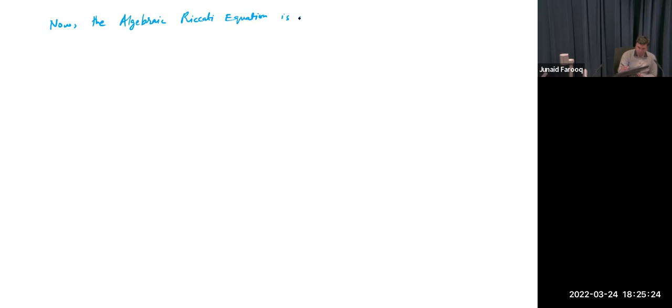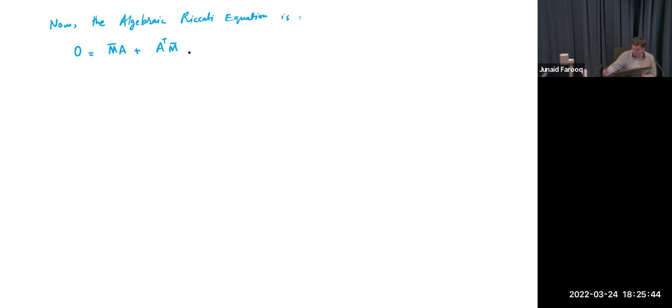The equation can be written as 0 equals M bar A plus A transpose M bar, and there's a minus here.